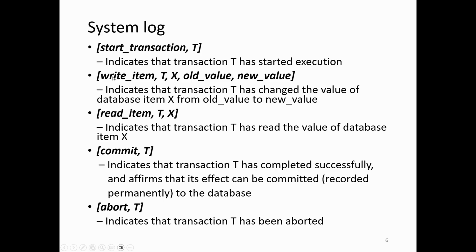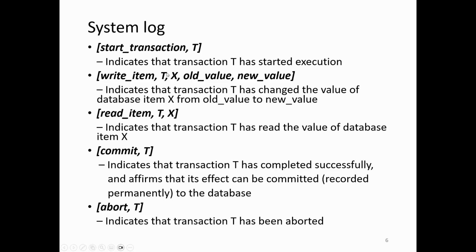The second one indicates that the transaction T has changed the value of database item X from old value to new value. Write item T: what is the operation? Write item.